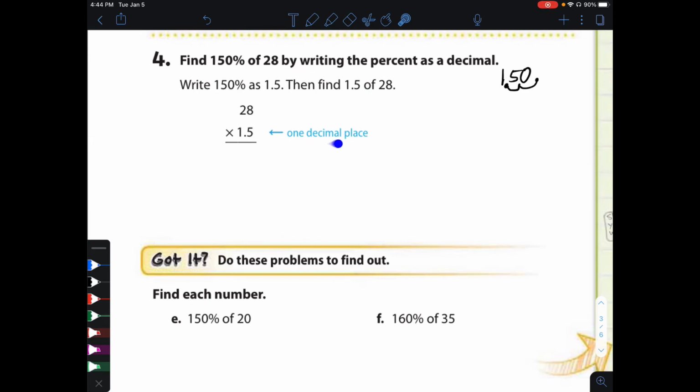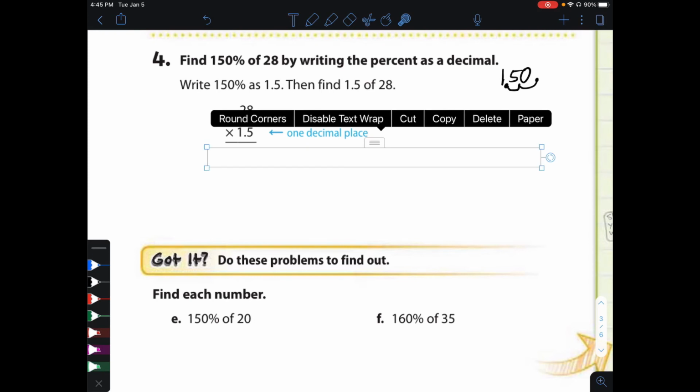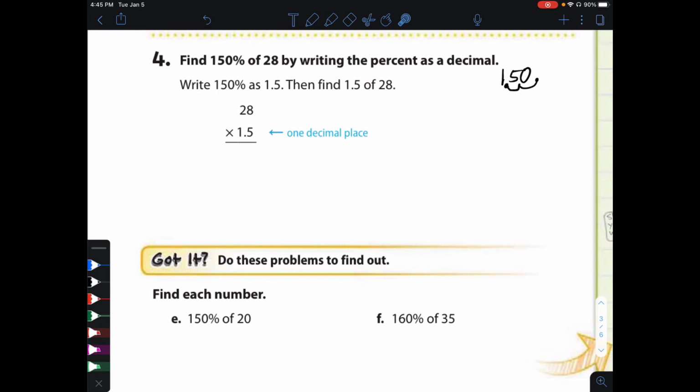Again, we need to remember that there is one decimal place right here. So 5 times 8 is 40. 5 times 2 is 10, carry 4. That should give you 140. So here's 140. And then we get our 1. 1 times 8 is 8. 1 times 2 is 2.